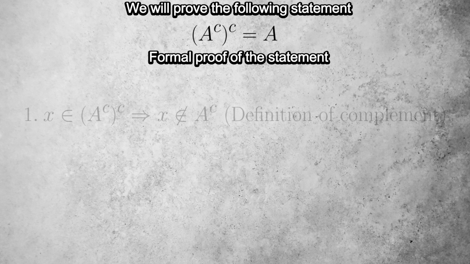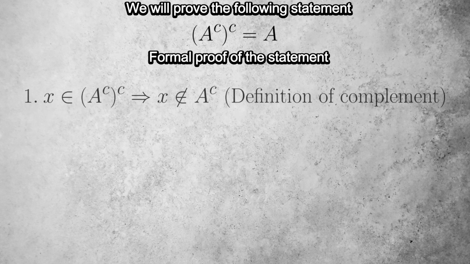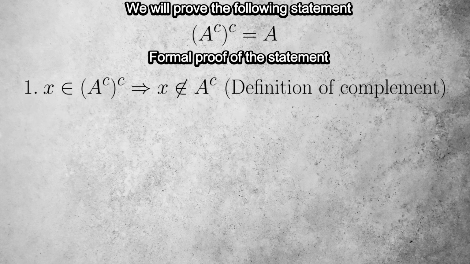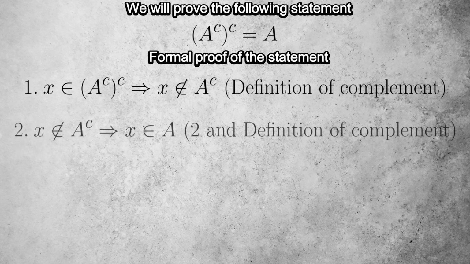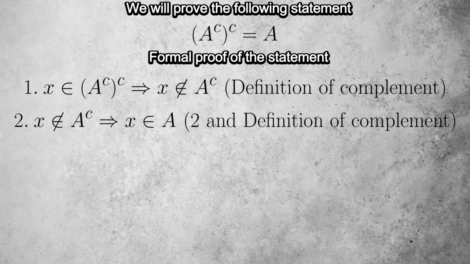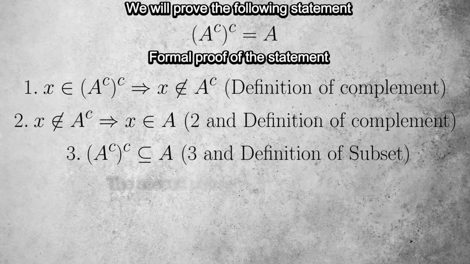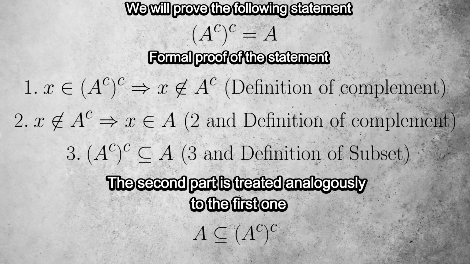Let X be an element of the complement of the complement of A. Then, by definition of complement, we have that X is not an element of the complement of A. And as X is not an element of the complement of A, then X must be an element of A. Thus, we can conclude that the complement of the complement of A is equal to A. This shows that the complement of a set's complement gives back the original set.